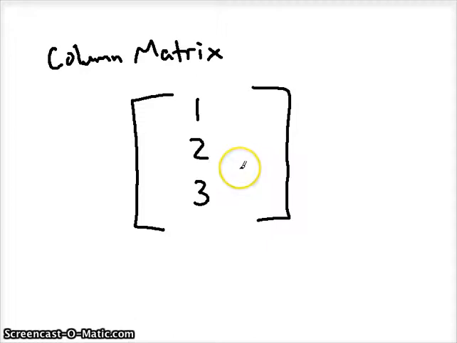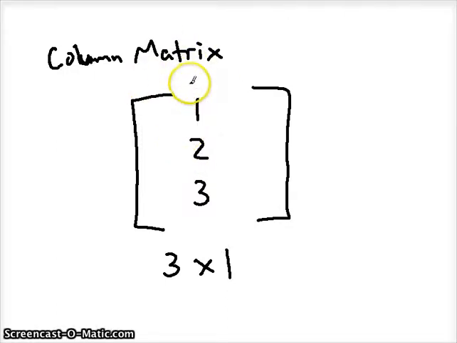Now it's kind of confusing because, I mean, you could say that this has 1, 2, 3 rows and one column. And when we talk about its size, we actually do say that. We say this is a 3 rows by 1 column matrix. But because there's no other entries in either row, and it just looks like a column, then it's only described as a column matrix.